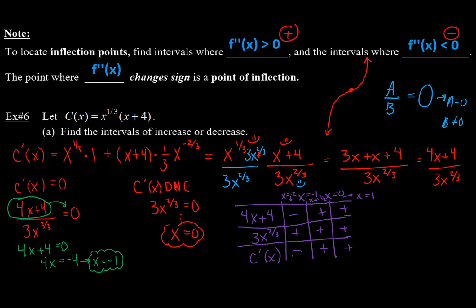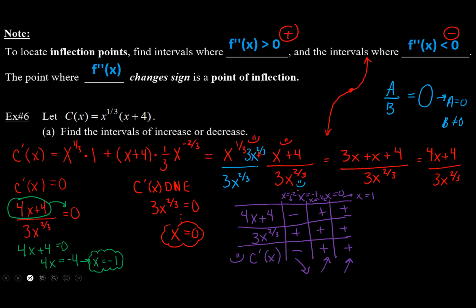So if I look at that cumulative effect on the derivative here, I'm going to have decreasing here because it's negative, increasing here because it's positive, and increasing here. So it changes from decreasing to increasing at x equals -1.